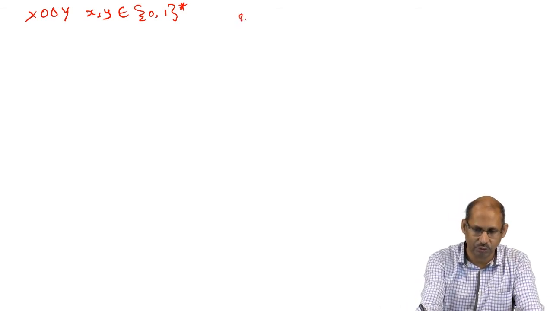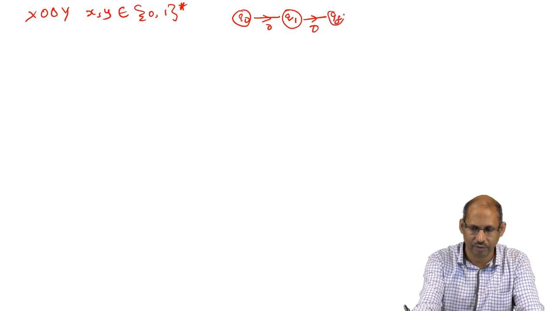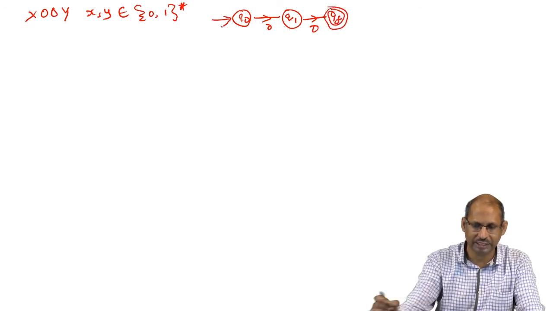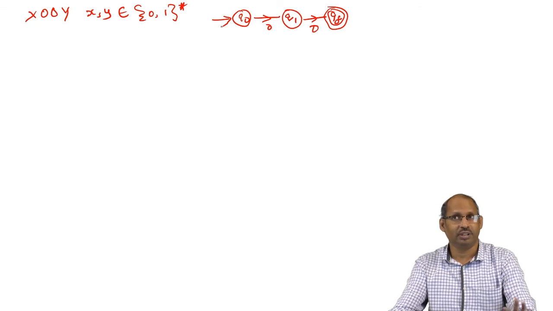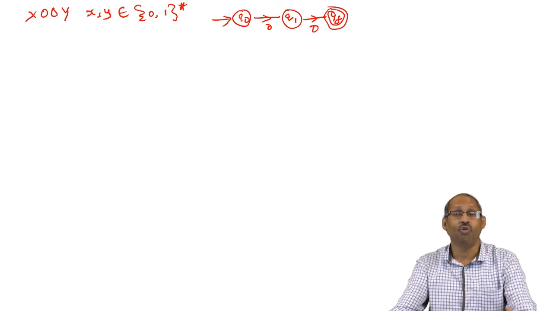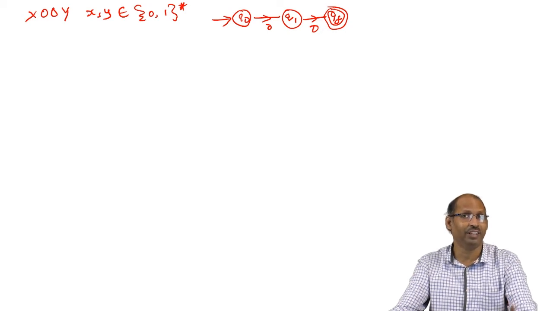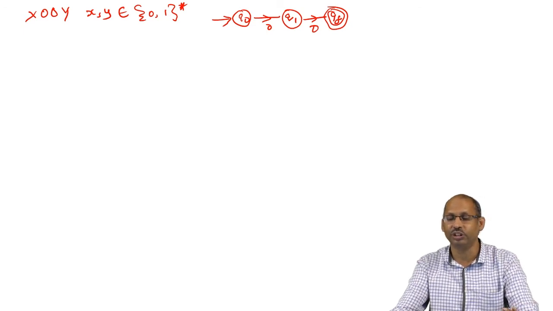Simply we say Q0 on 0 goes to Q1, and Q1 on 0 goes to QF, where Q0 is the initial state. An NFA may have zero, one, or more transitions on a state and input symbol.